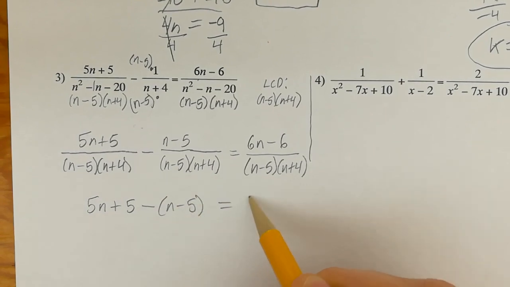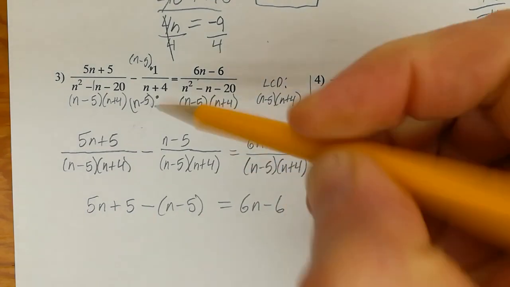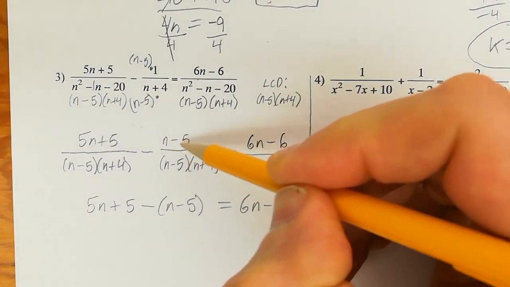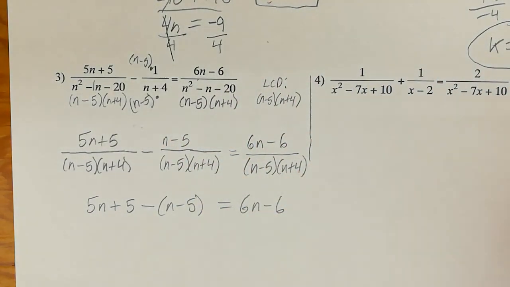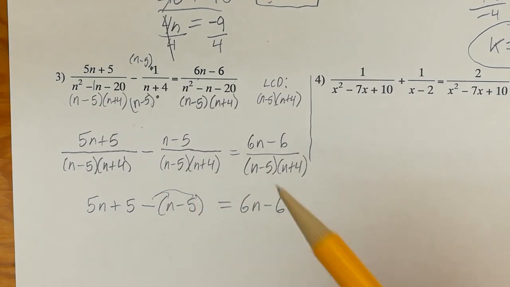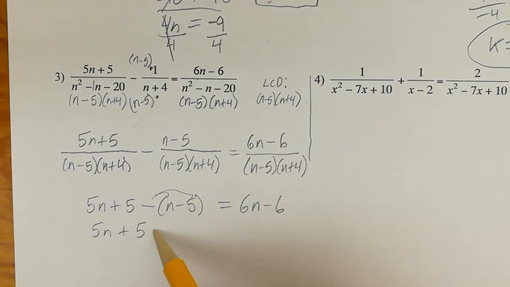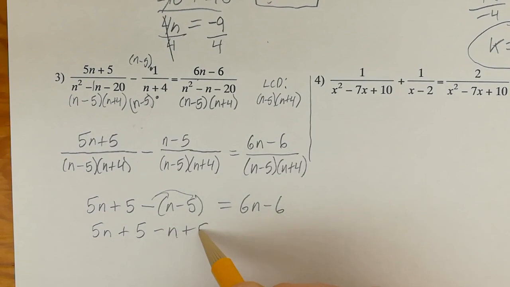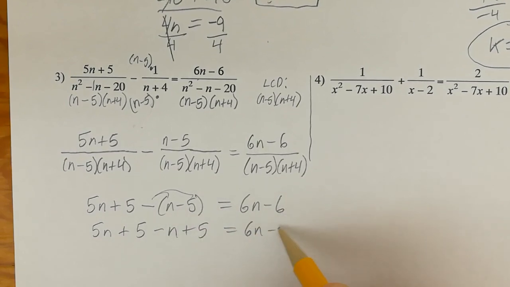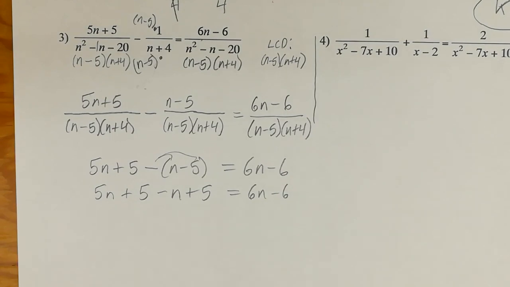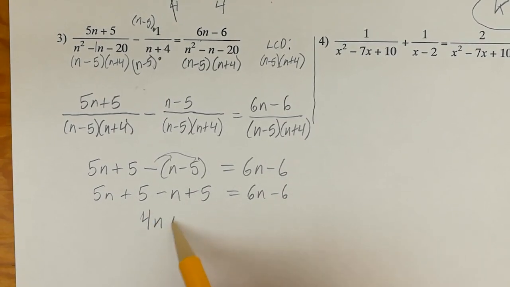Now, just be careful with your sign here. We have a minus. That's got to apply to both of these. That's why I wrote it like that. Okay, so I'm going to take care of that now. So now it's just a matter of distributing and combining like terms. So I'm going to do that probably a little quick here. So we're going to have 4n and 10.